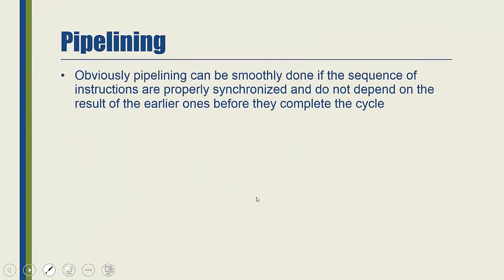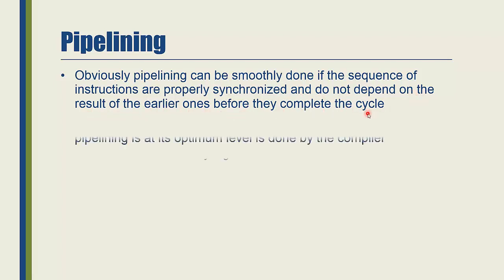However, there is a catch for this kind of improvement. Obviously, pipelining can be smoothly done if the sequence of the instructions are properly synchronized and do not depend on the result of the earlier ones before they complete the cycle.